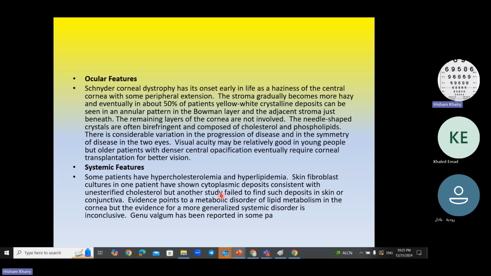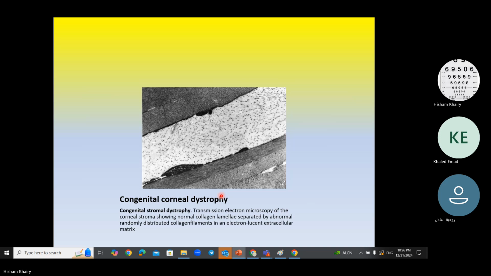The patients may have hypercholesterolemia, hyperlipidemia, genu valgum. Electron micrograph of congenital stromal dystrophy, showing normal collagen lamellae separated by abnormal randomly distributed collagen filaments.